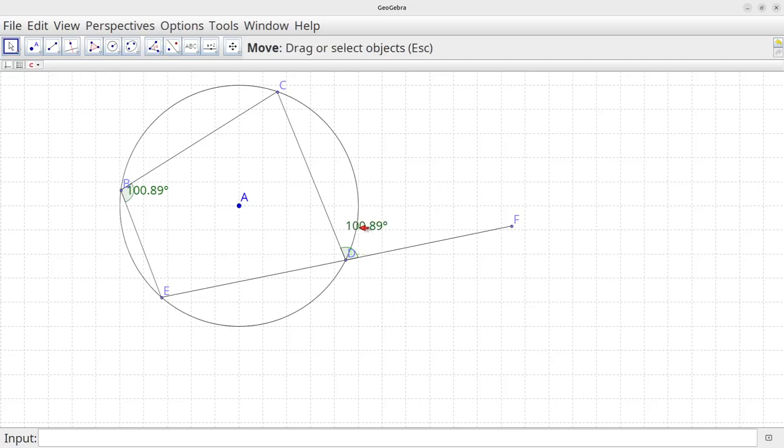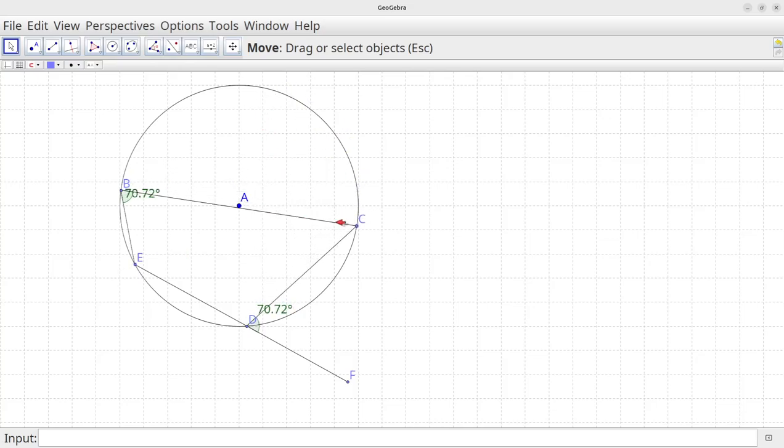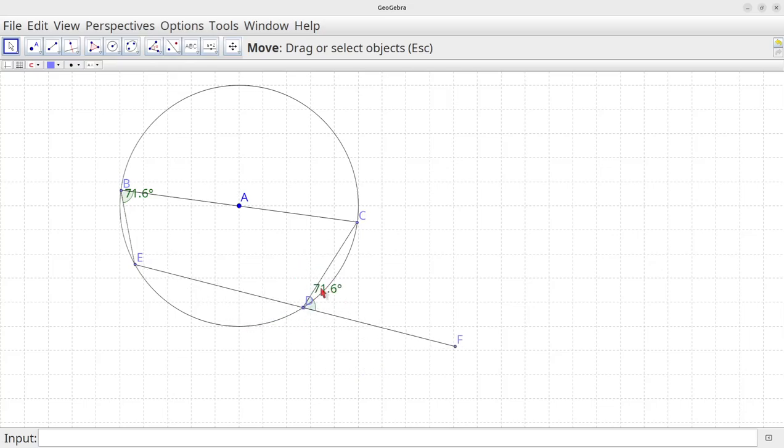It's not a coincidence that these two angles are equal. As you can see, they will always be equal. So the exterior angle of a cyclic quadrilateral is equal to the interior opposite angle in a cyclic quadrilateral.